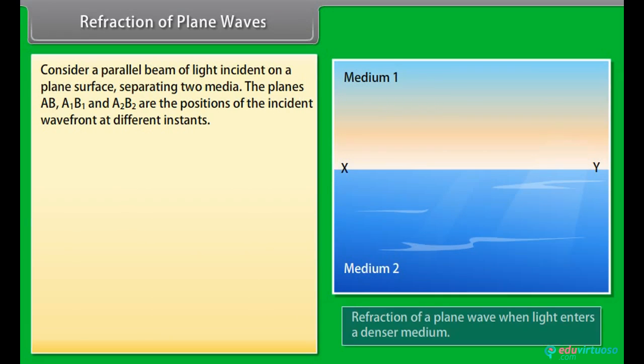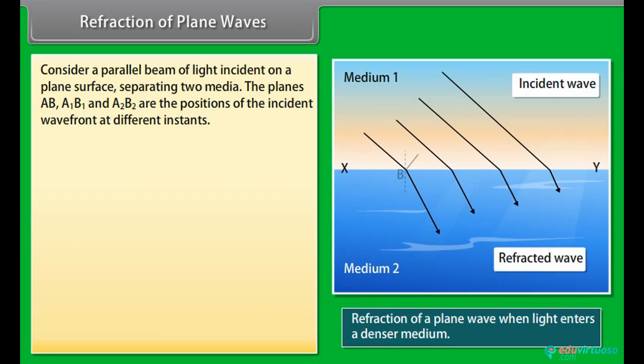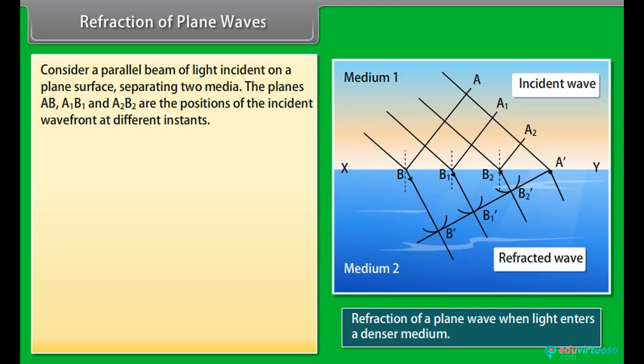Refraction of plane waves. Consider a parallel beam of light incident on a plane surface separating two media. The planes AB, A1B1 and A2B2 are the positions of the incident wavefront at different instants.